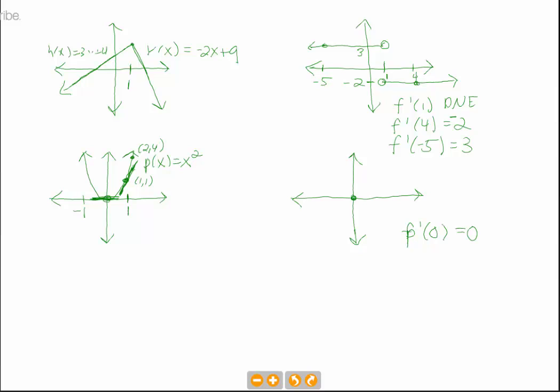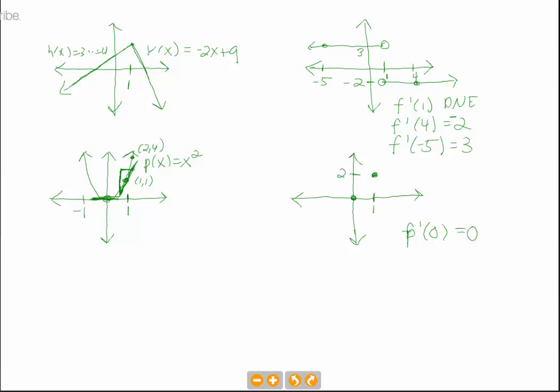I'm not 100% sure, but I'm thinking I could probably approximate the slope of this line to be maybe up 1 and then over a half. So maybe up 1 and over a half. So I think my slope would be 2. So at the point 1, I'm going to have a slope of 2.